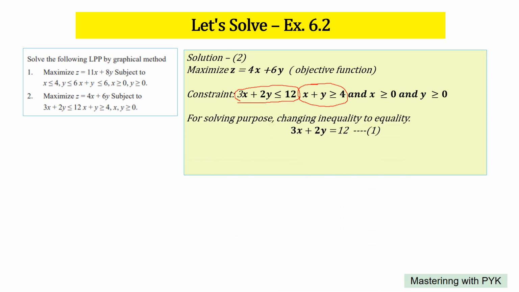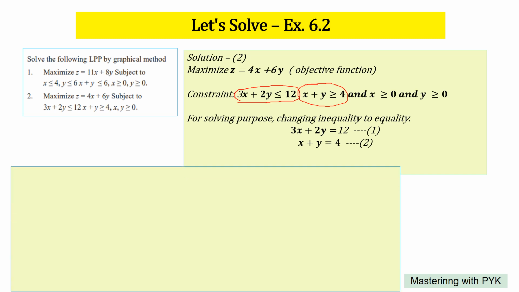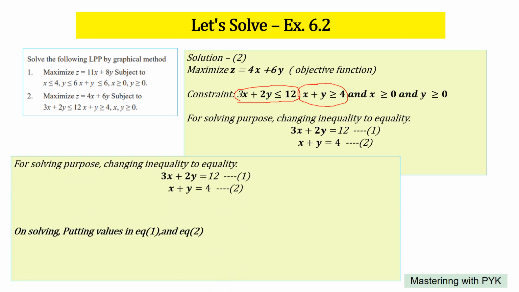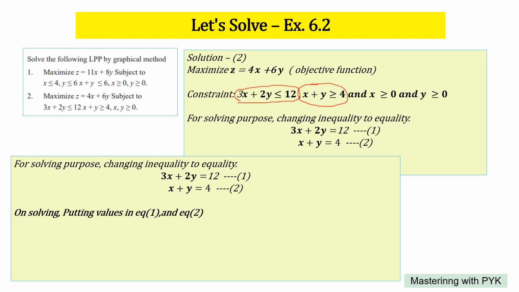To solve, we remove the inequalities and change them to equalities. So how do we solve? We multiply this by 2 and we get these two equations. Solving this, we get x equal to 4. Now when x is 4, y will be 0.